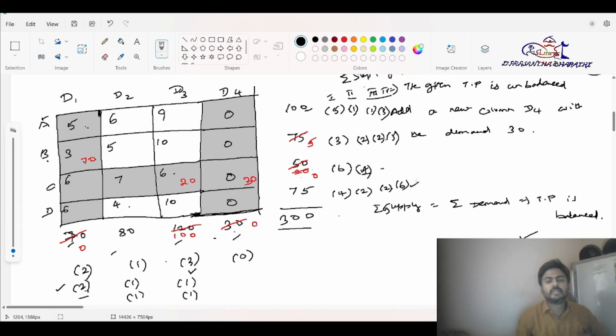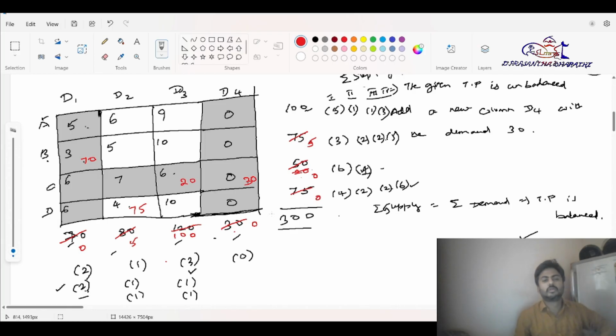Since the maximum penalty is 6, I have to choose the minimum cost here. The minimum cost here is 4. In this 4 I have to assign the minimum of 75 and 80. So I am assigning 75 here. So this will become 80 minus 75, which is 5, and this will become 0.